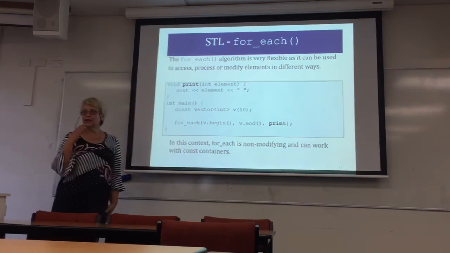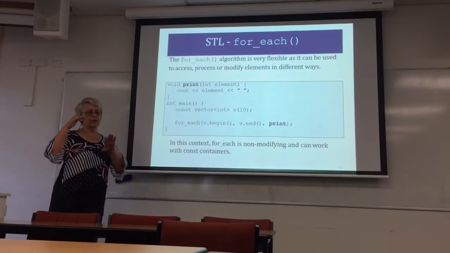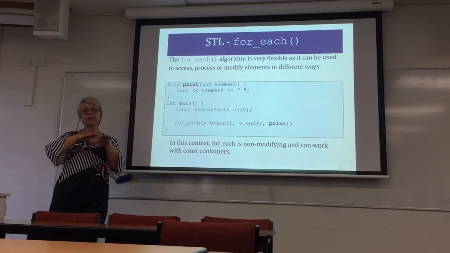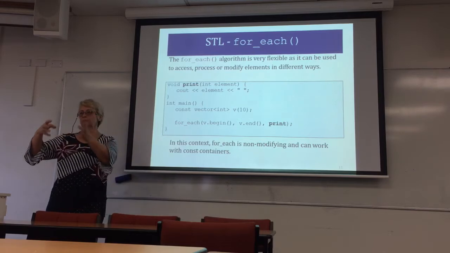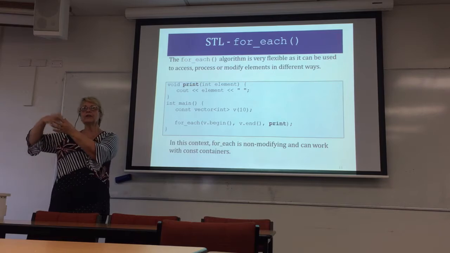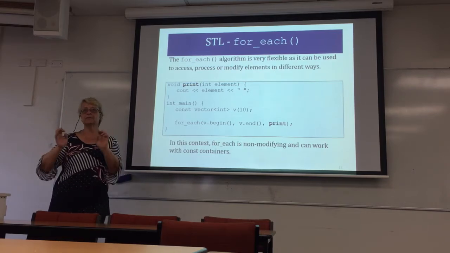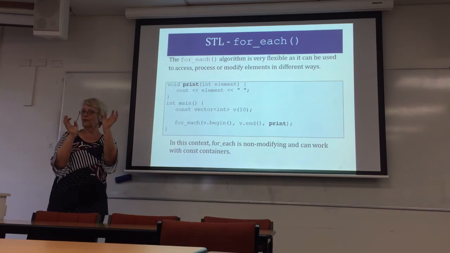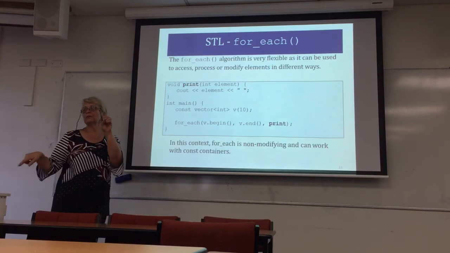Now, for each is a step up of for loop, and the basic for loop is: for starting value, go to a less than ending value, and increment the counter. This is a basic one. Next up is for ranges, for element going through a sequence, perform a task.